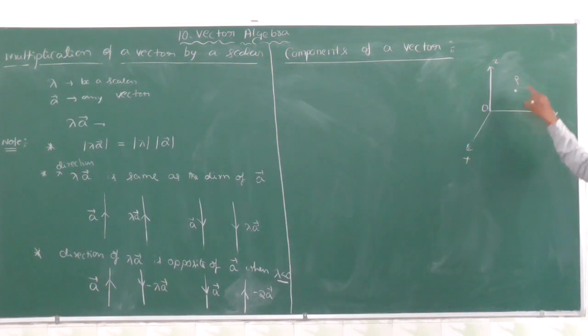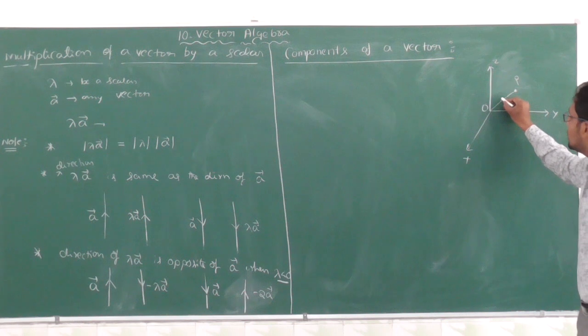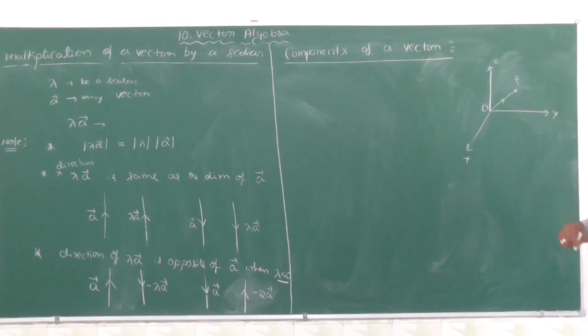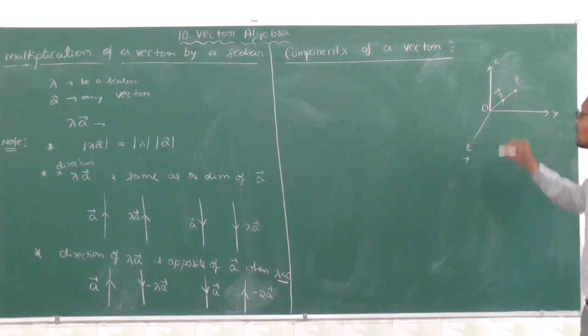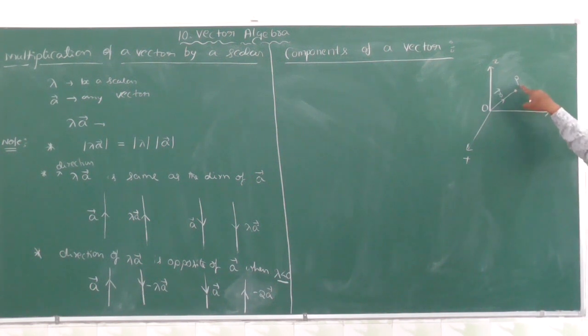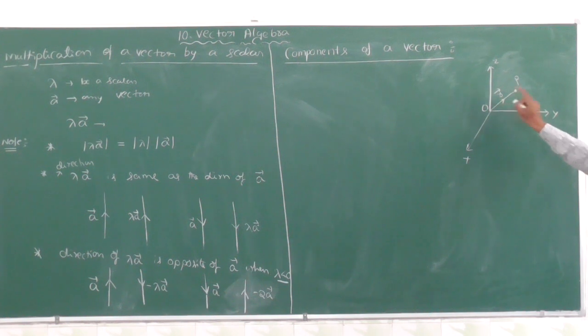The position vector of the point P with respect to its origin is the vector OP. That is the position vector. Let us consider this as vector R. The position vector of the point P with respect to its origin is given by vector R.